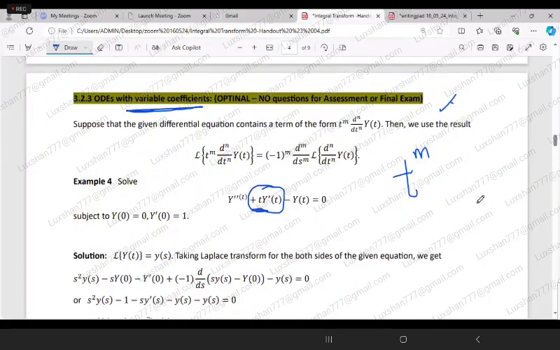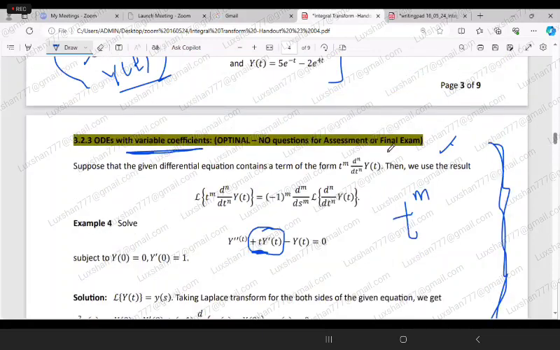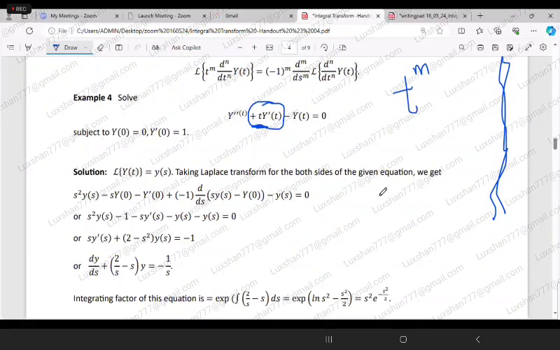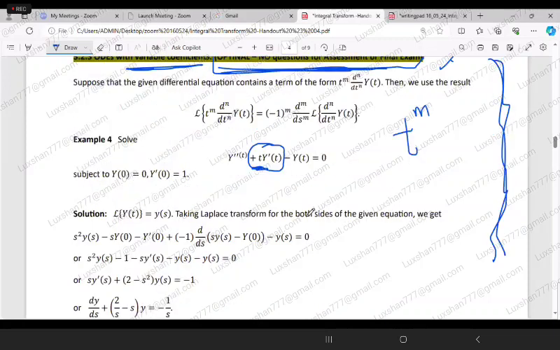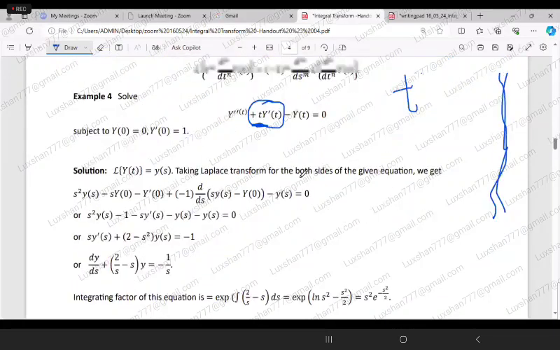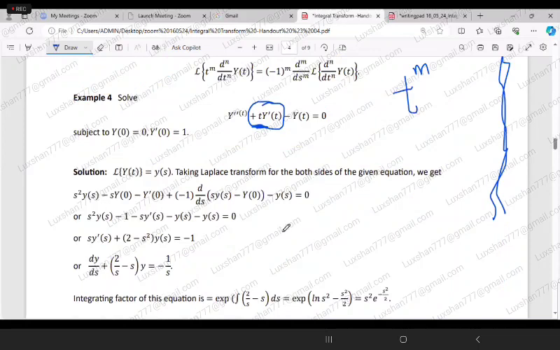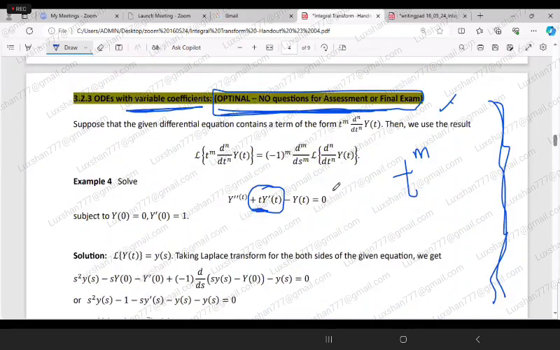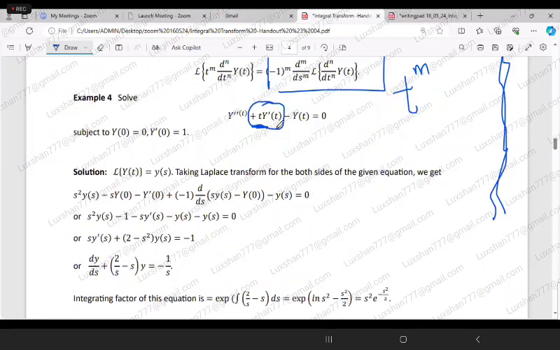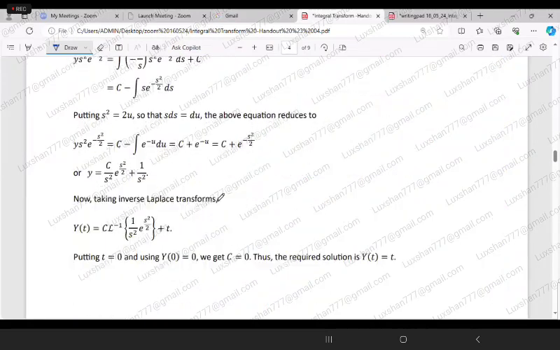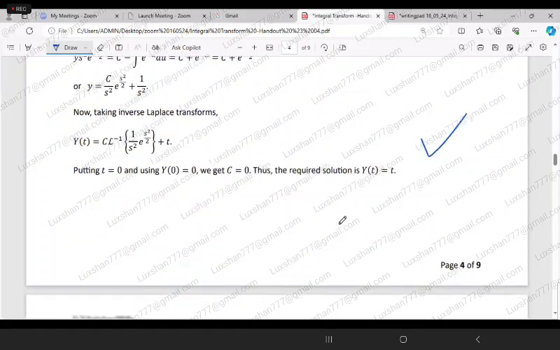If you have time, please go through this and try to understand it, but it is optional and I will not set it for the exam. I'm just skipping this part. Same as earlier, when it is multiplied by t to the power m, we know how to find the Laplace transform, and then you do the same as earlier.